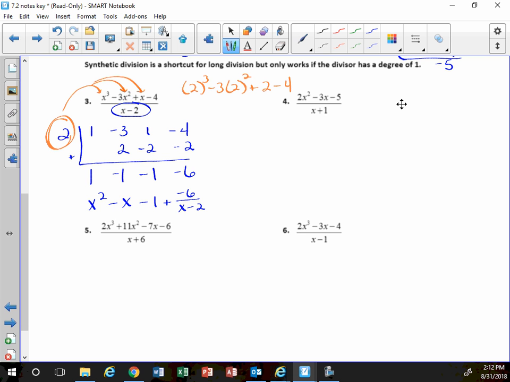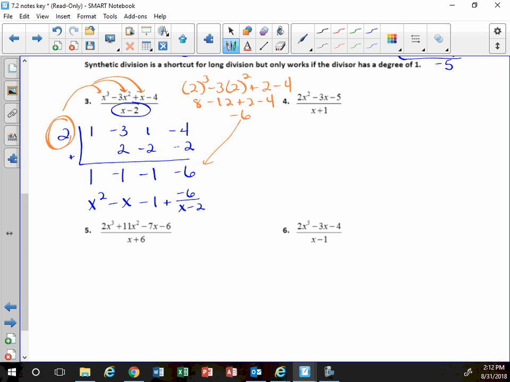So what's 2 cubed? 8. What's 2 squared? Times 3. Okay, so minus 12 plus 2 minus 4. What do I get? Oh dear. Adding and subtracting Friday afternoon. Not going well. Yeah. Negative 6. Good.